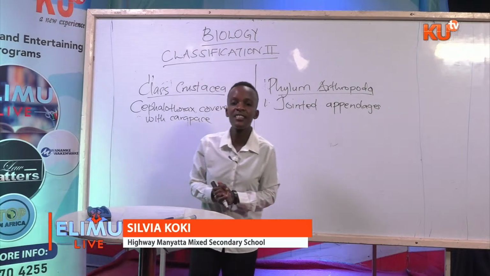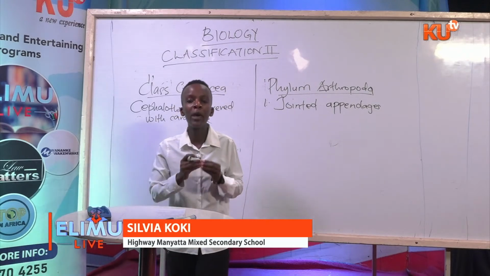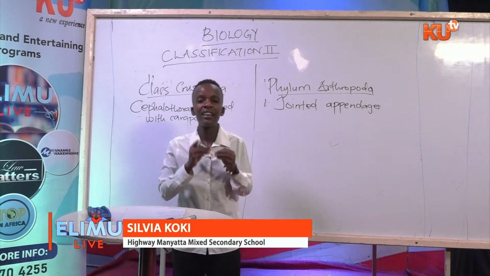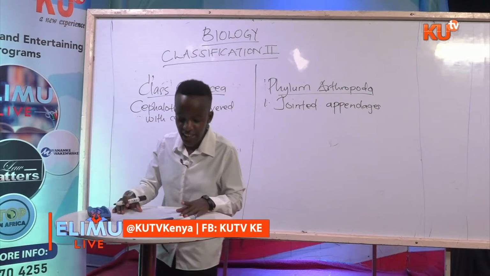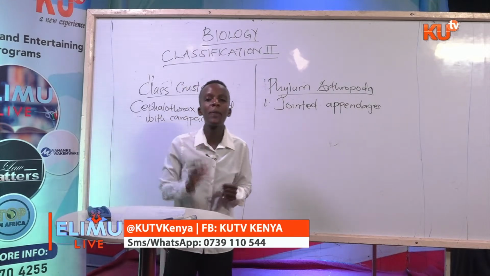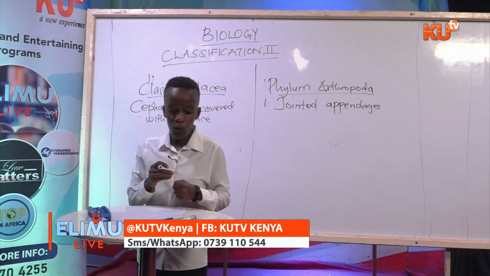Another characteristic under the class Crustacea is that they have 2 pairs of antennae. They are a special class. Then they have a pair of compound eyes.